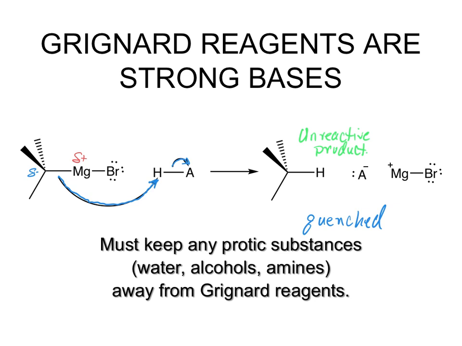Okay? So that means anything that is protic, that can act as an acid in any way, that is, water, alcohols, amines, any of those things can react, and so we have to keep them away from the Grignard reagents if we want those Grignard reagents to act as nucleophiles in other reactions.